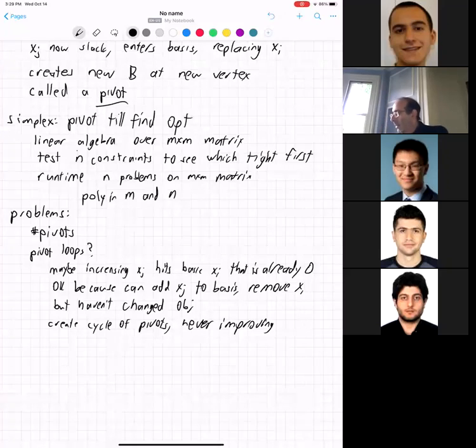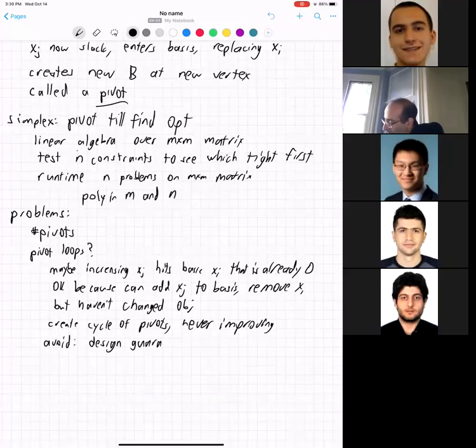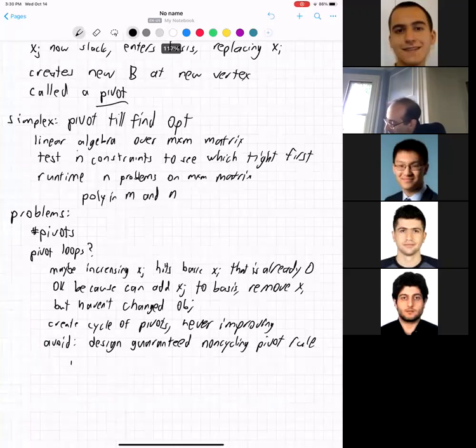Okay. And to avoid this, you have to design a guaranteed non-cycling pivot rule. And a really important question is whether there is one.